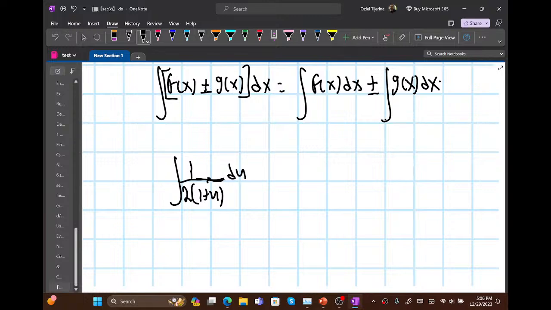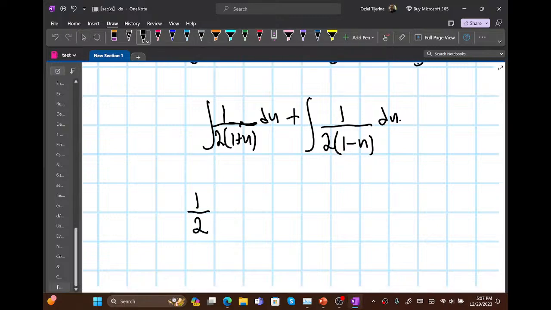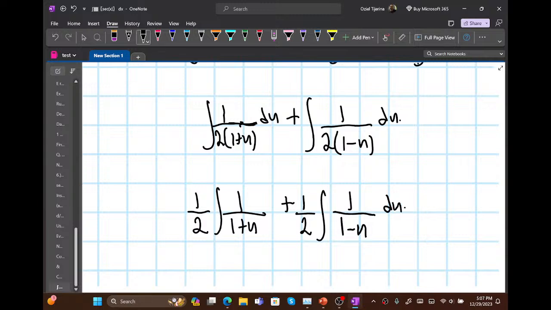And so this is going to end up being 1/2 integral of 1/(1 plus u) plus 1/2 integral of 1/(1 minus u) du here.